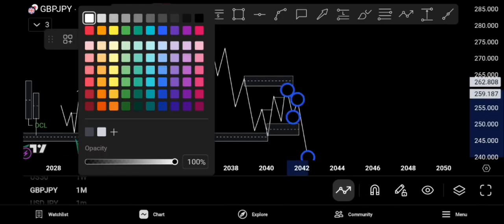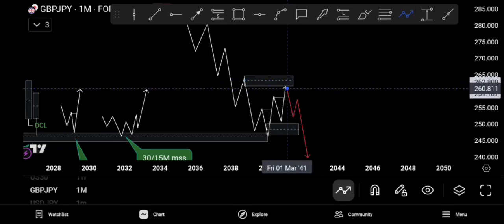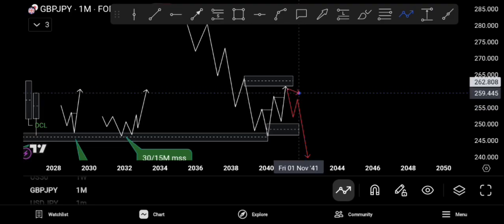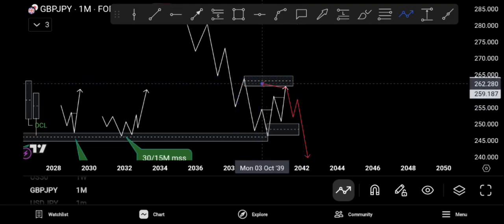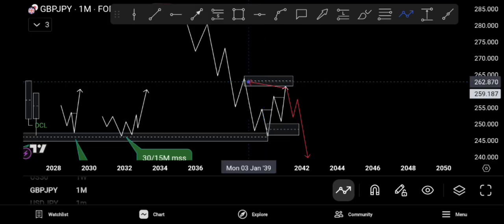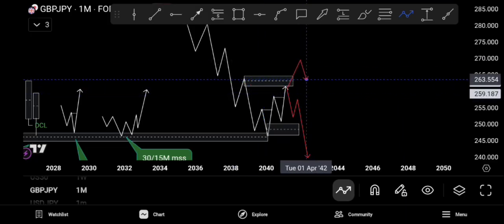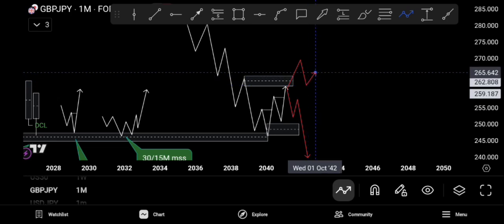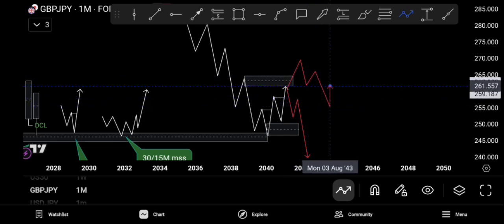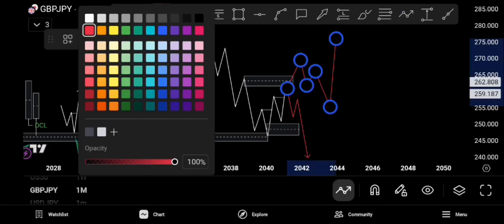The best time is when price comes and takes out this supply zone, and when price takes out the supply zone, a demand zone comes in. Then that is when we are ready to buy.